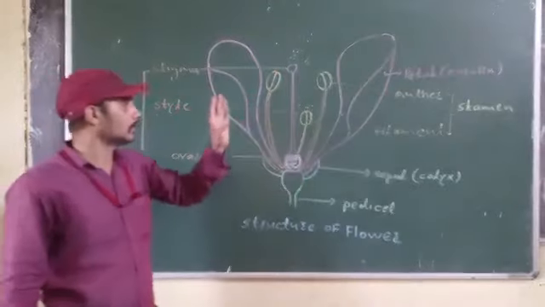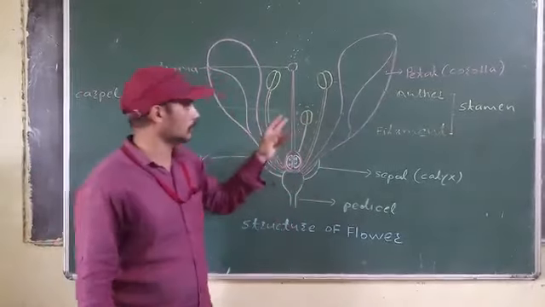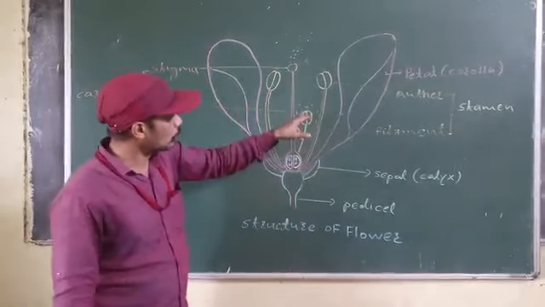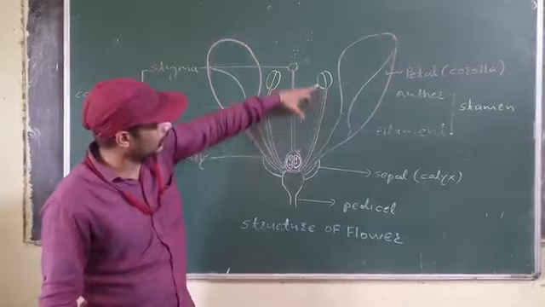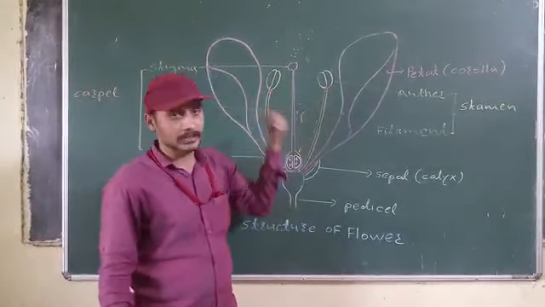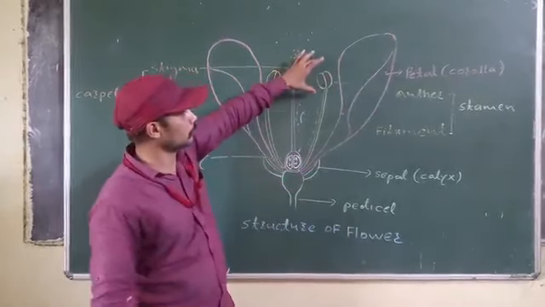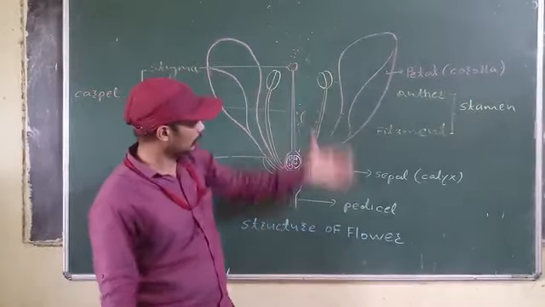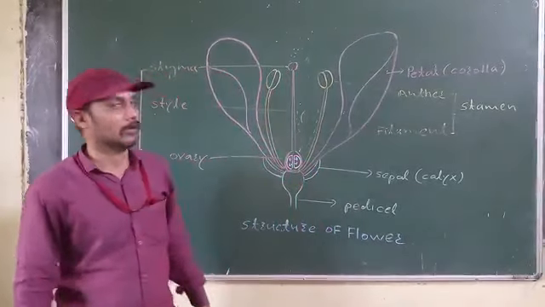The main aim of pollination does not take place. So the height of the filament is very important. So there are two parts of the stamens, or male reproductive whorl: the anther, and the second one, the filament.